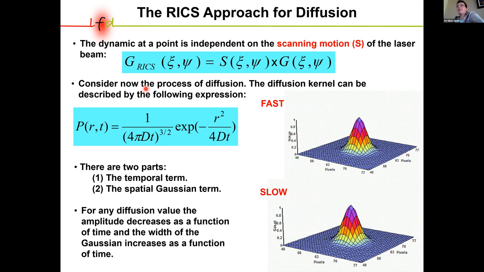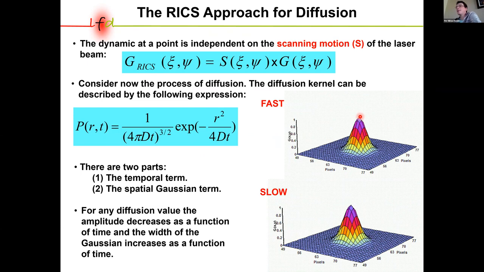So anyway, for free diffusion, the probability to find a molecule can be described by this formula here, which essentially is an exponential decay. What this function is representing in 2 dimensions is the probability to find a molecule at a certain location.